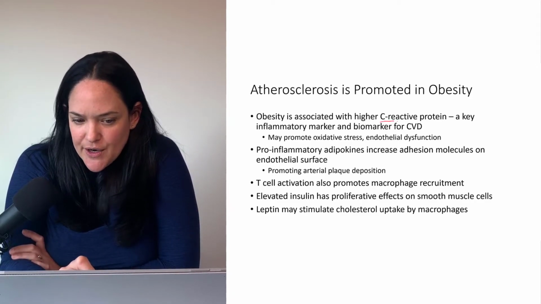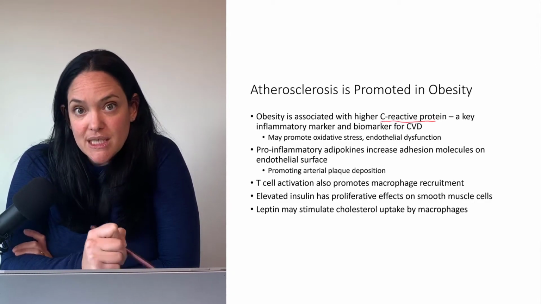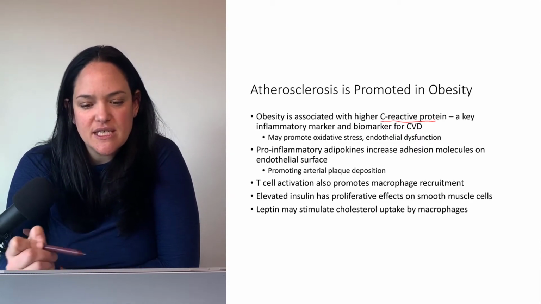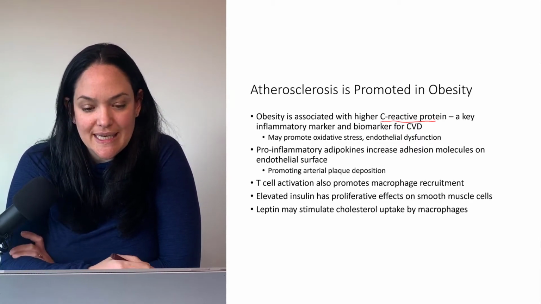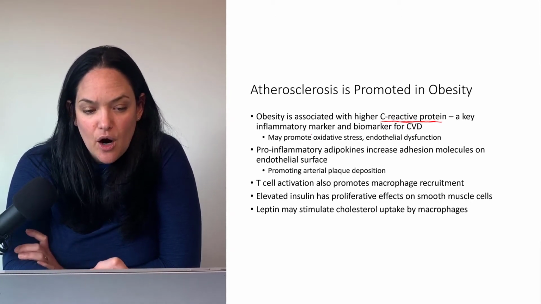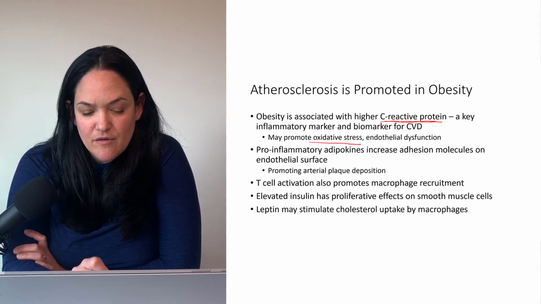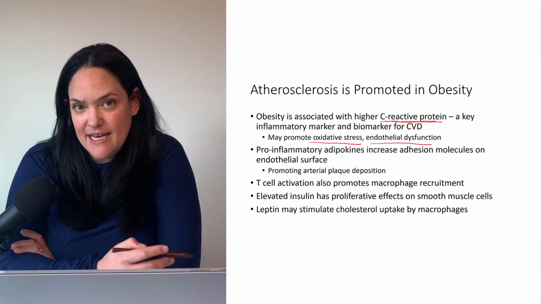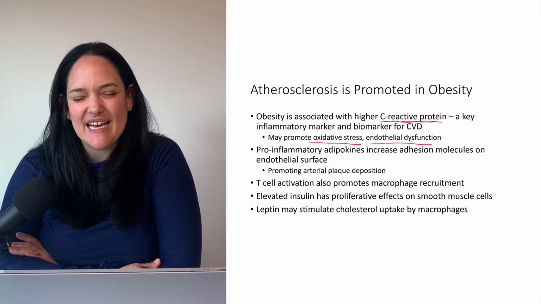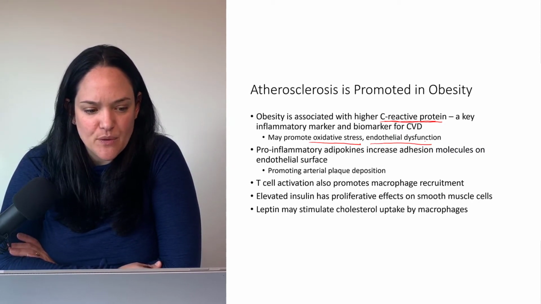We see higher C-reactive protein in obesity and in cardiovascular disease, and that might again be one of the linking factors. Higher amounts of this pro-inflammatory marker are often seen in cases of higher oxidative stress and endothelial dysfunction, which we know by now can promote atherosclerosis.